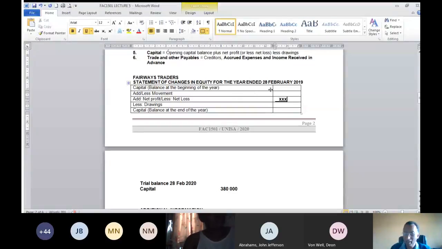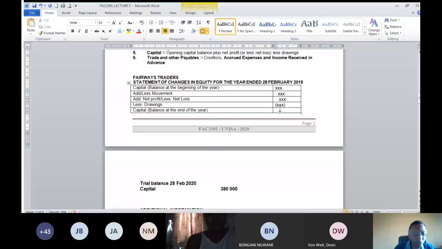So just to go back here, guys, we will have the opening balance of capital, add or subtract now a movement, add the profit for the year, minus your drawings.